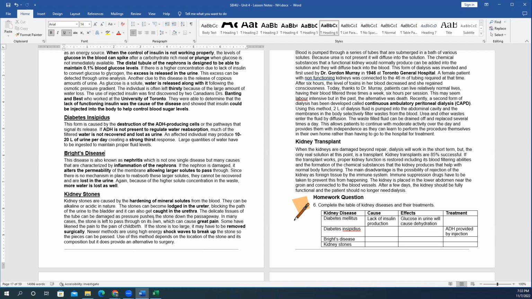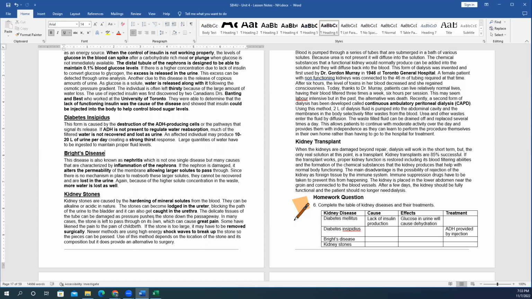And then the delicate tissue of these tubes, both the urethra and the ureter, can be damaged as there is pressure and as the stone gets pushed farther down into the passageway. In many cases, the stone passes through on its own, oftentimes with quite a lot of pain.